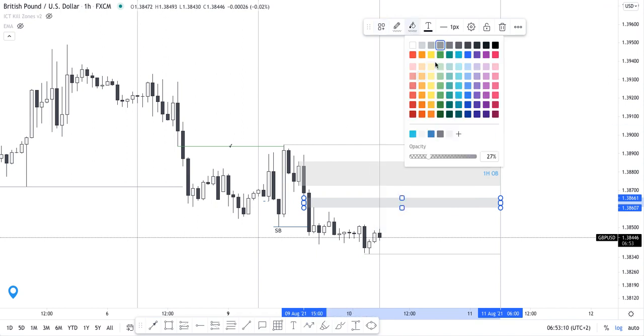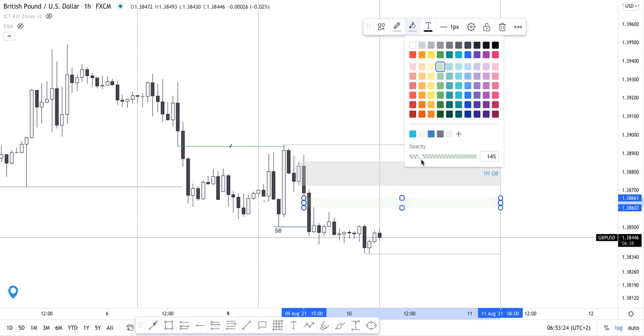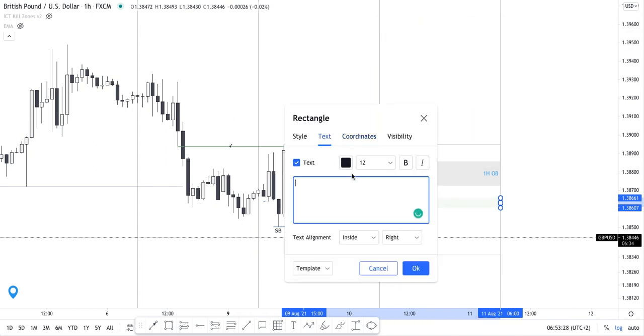No, I don't. I'm guessing it should be something a light color that's not as conspicuous, maybe a green. Let me just set it to the back, and let's just make it like this. Let's put some text on it.